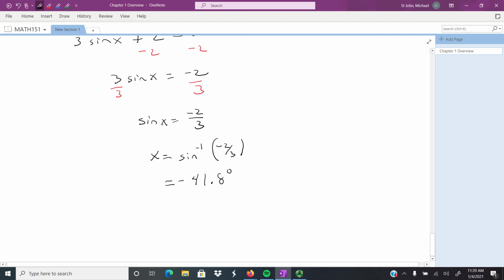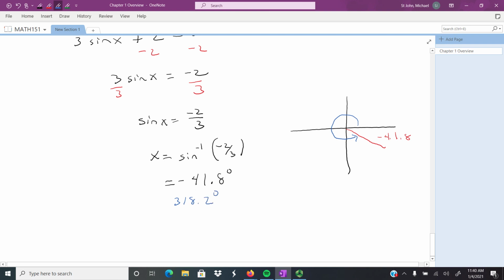If you think in terms of where that would be, negative 41.8 would be somewhere down in here. The positive angle that would be the same thing is 318.2 degrees.